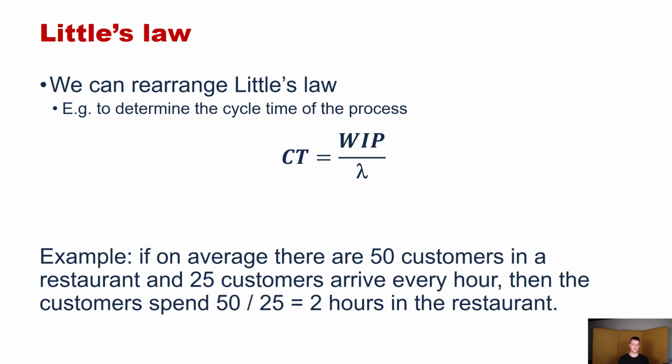For example, if we know that on average there are 50 customers in our restaurant, and we know that 25 customers arrive every hour, then we can calculate that the customers spend 50 divided by 25 equals 2 hours in the restaurant. Additionally, here we can see that 2 hours in the restaurant might be a bit too high. So using Little's Law, we can reason a bit about what we need to change in order to drive that value down, if that would be our wish.